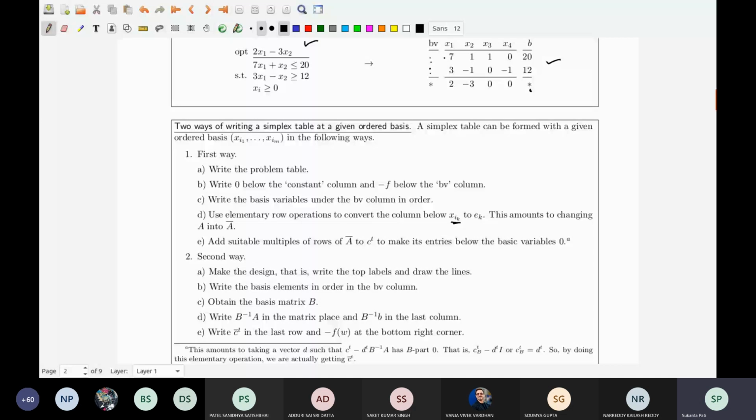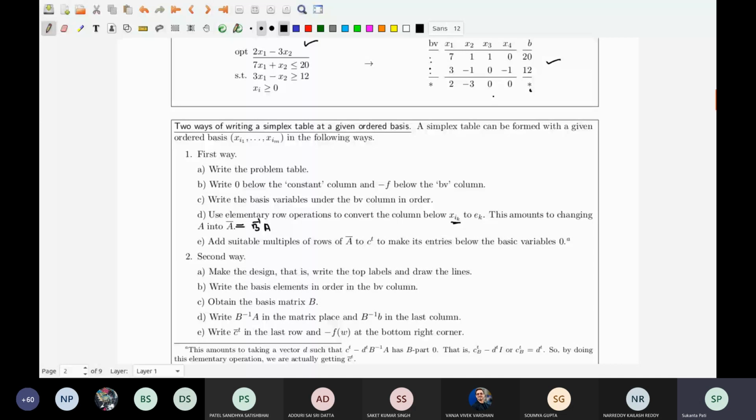A bar means B inverse A. So then you add a suitable multiple of the rows of A bar to C transpose, which is at the bottom, to make the entries below the basic variables 0, whatever xi1, xi2, xi3.